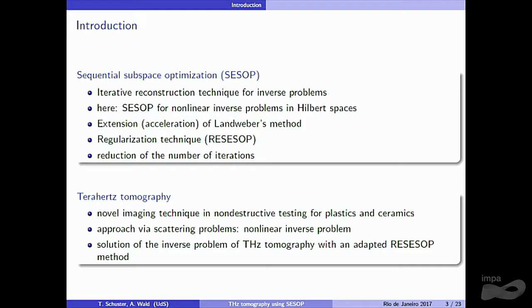And it's used to monitor defects in specimens like ceramics, for example. It's not appropriate, for example, for medical diagnosis or something like that, because terahertz waves do not penetrate the human body. And this is why they are used, for example, in body scanners at airports, which you all well know by now.